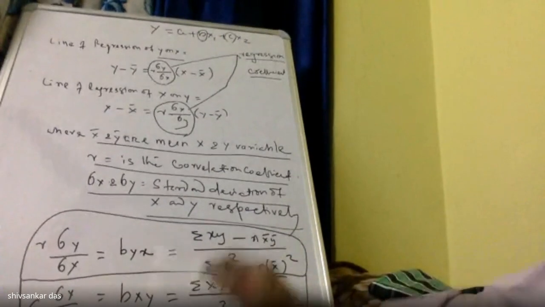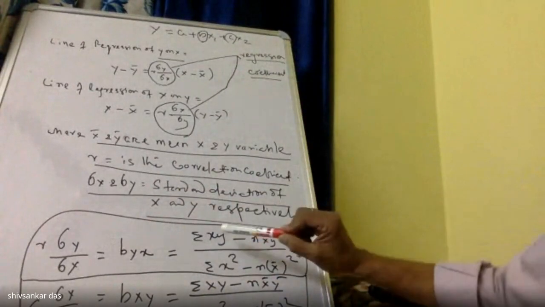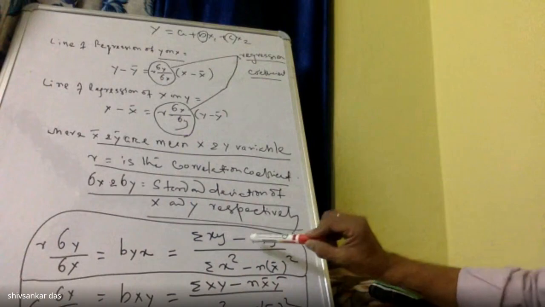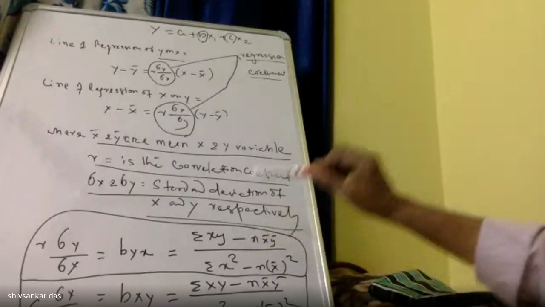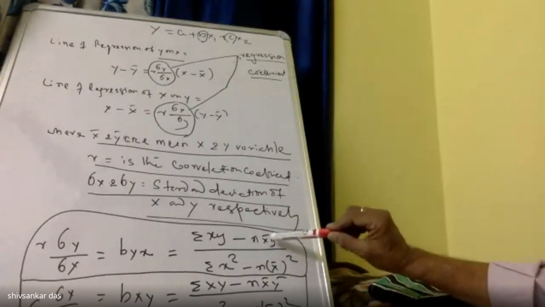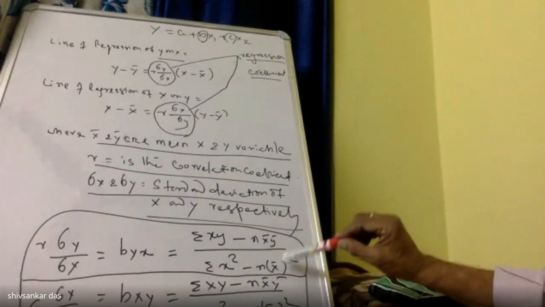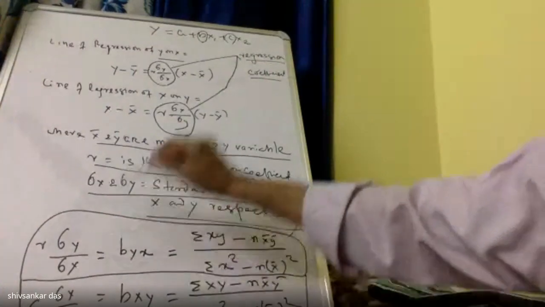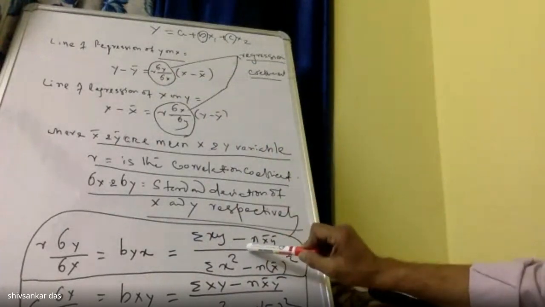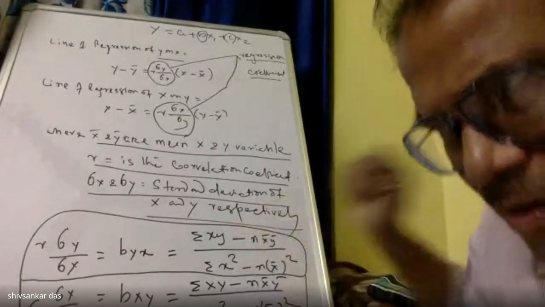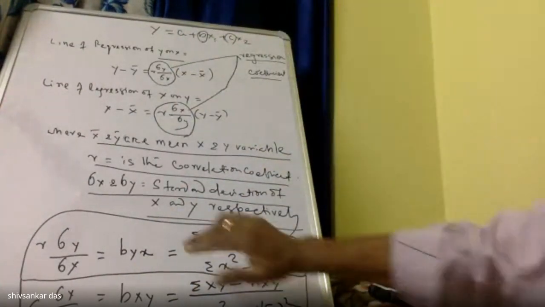The formula to calculate the regression coefficient is summation of xy minus n x bar y bar, divided by summation of x square minus n into x bar whole square. This is y on x. If I get the x and y variables, then I can calculate the regression coefficient by this formula.